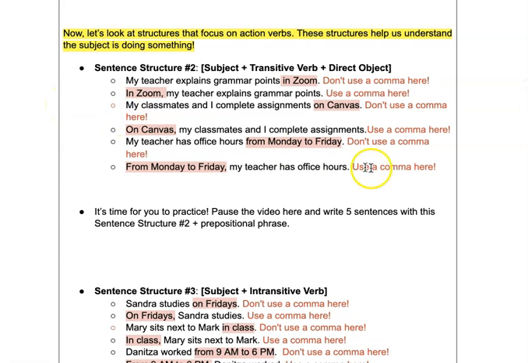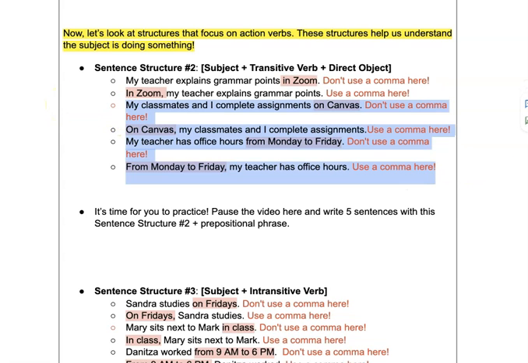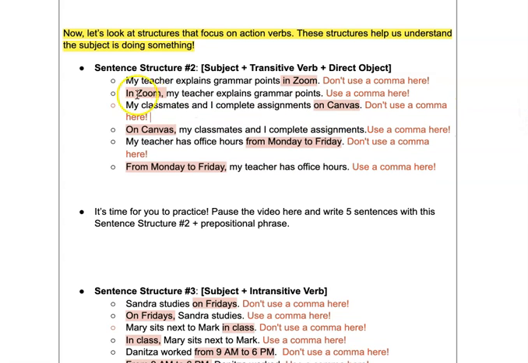Okay, look at these examples here. Pay attention to, again, how the structure focuses on what the subjects are doing, and the direct object comes after the verb, and then the prepositional phrase can be used at the end or at the beginning. It is your choice.